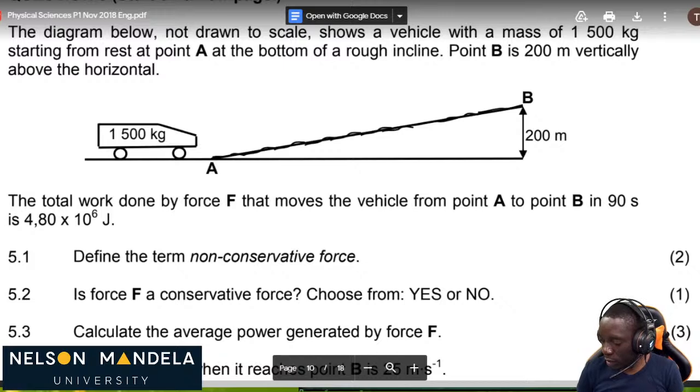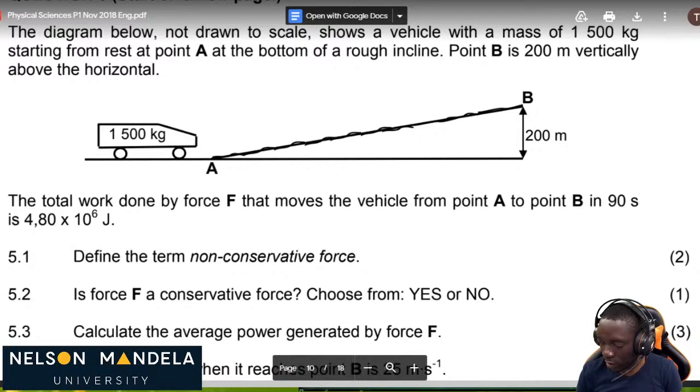So let's put the figures together. 4.8 times 10 to the 6 minus 2.94 times 10 to the 6 is 1.86.